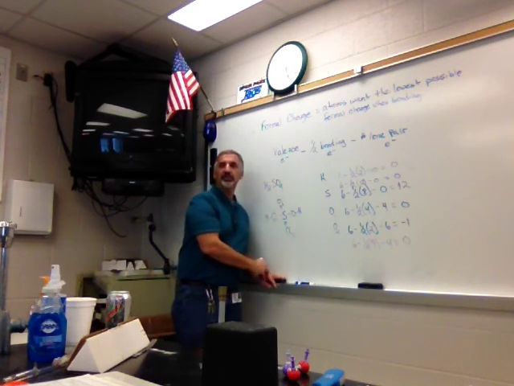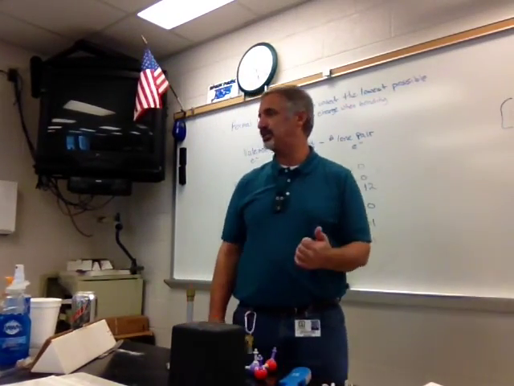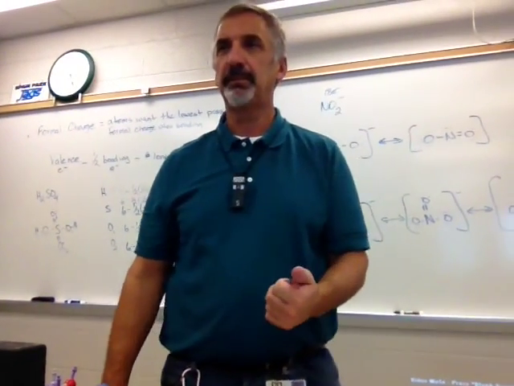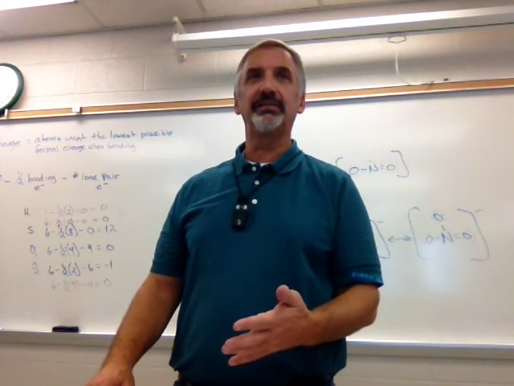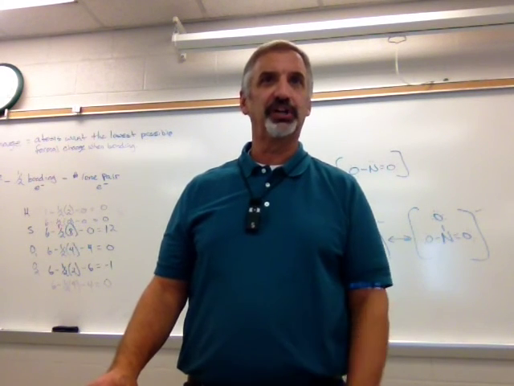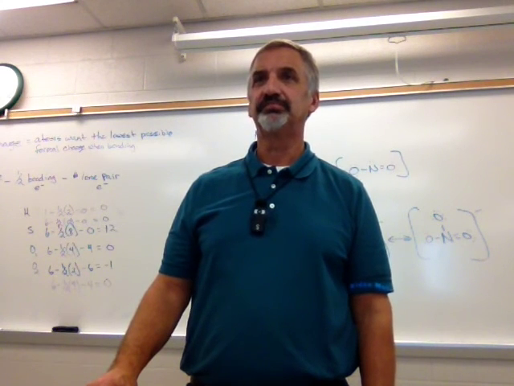So what I want you to do now is go through that sheet, and on the back of that sheet, redraw each one of those 15. Calculate the formal charge for each element, and then minimize the formal charge. All 15 of them.